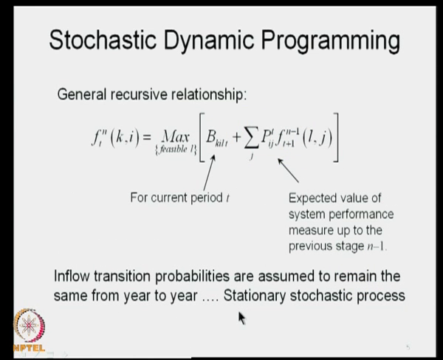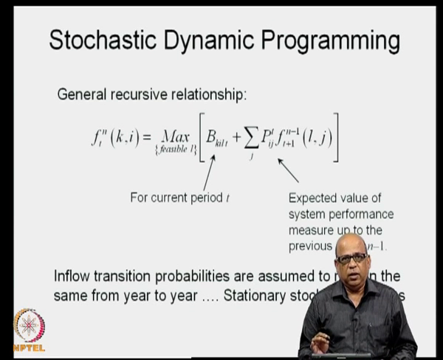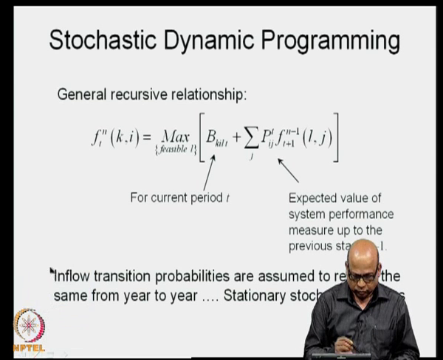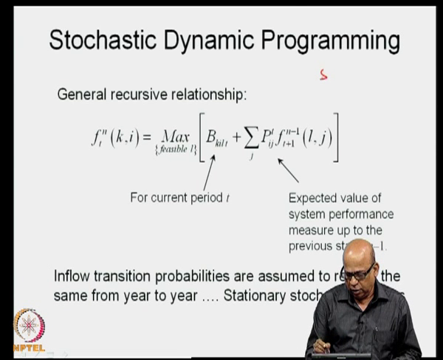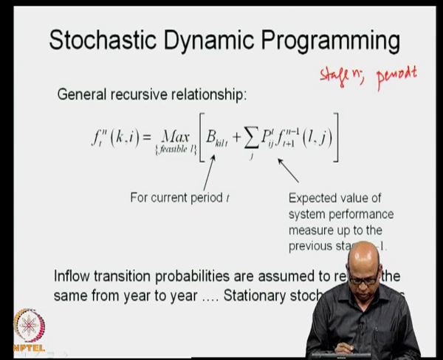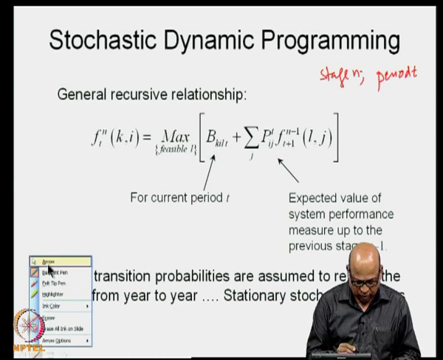solve the recursive relationship. So, for any general stage n, which corresponds to the time period t, we write the recursive relationship as f n t.